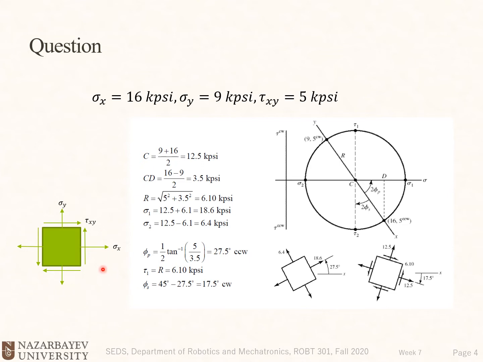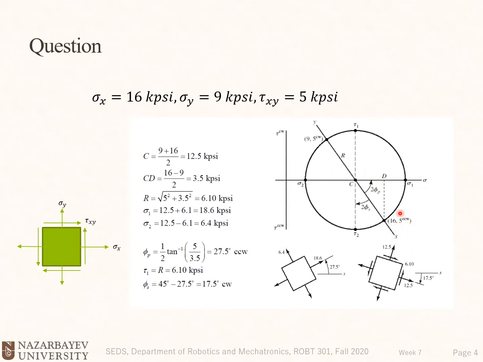So based on the Mohr circle convention, we need to first find the point sigma x, tau xy, okay? So sigma x is 16. This is the sigma axis and this is the tau axis.